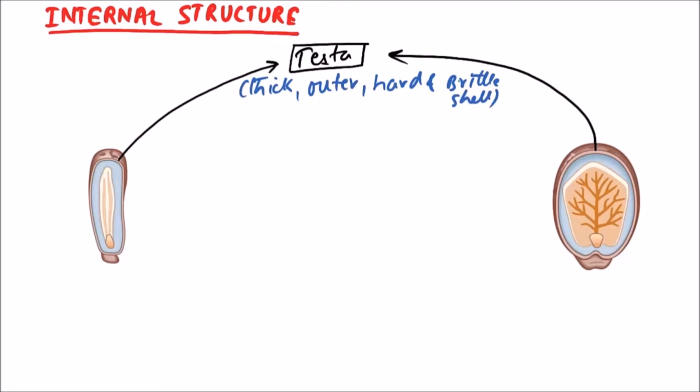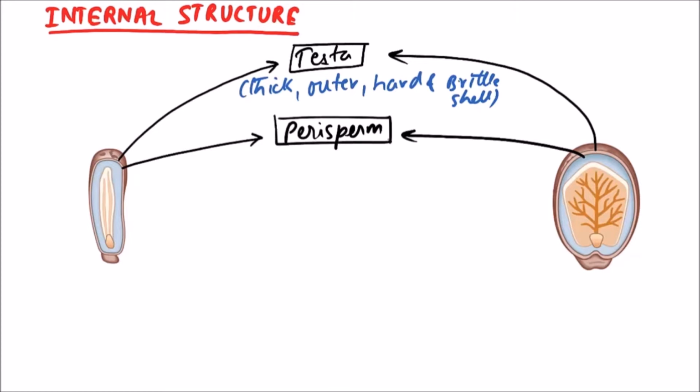Now the next structure just below the testa is this one. This is known as perisperm. Now this perisperm is a thin, white, inner, papery layer or cover.